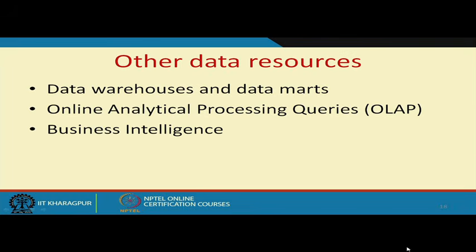Then there are other data resources. One is the database server, where you collect all kinds of transaction data and you have a query system, some SQL query system. Besides that, the related data elements from many such database servers can be brought together, cleaned and put in something called a data warehouse.